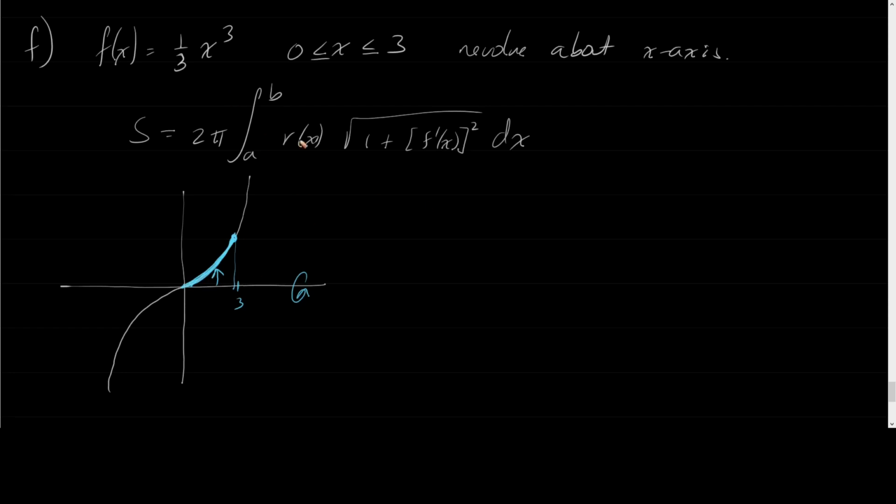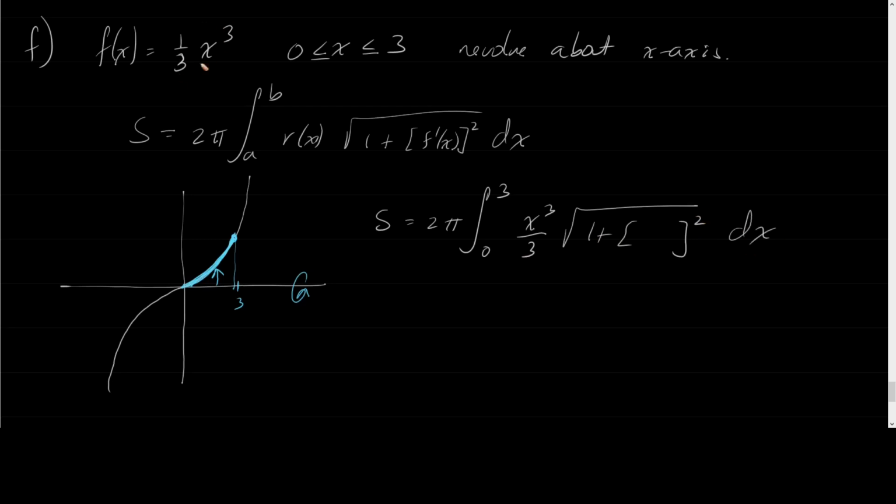We're going to get that s is equal to 2 pi times the integral from 0 to 3 of our radius function, in this case the actual f of x, just that distance right there, because this is our function. So we have x cubed over 3 times the square root of 1 plus the derivative squared.